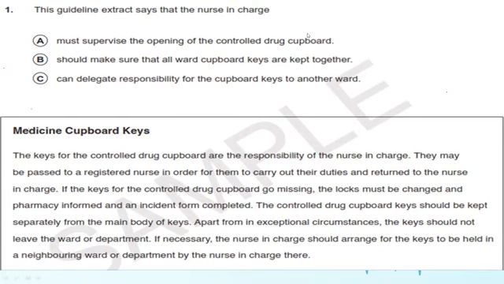Actually, the correct answer is C. That's right. But let me choose one of you to discuss this question. Dr. Abdullah, can you unmute your mic and start talking with me? Dr. Abdullah?